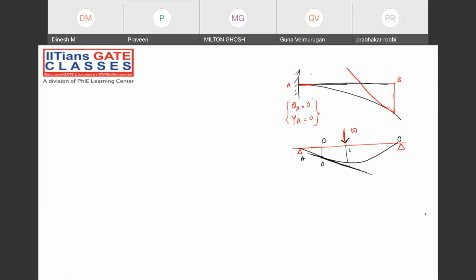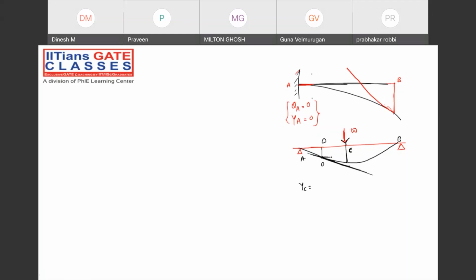If I draw the tangent from point B, and from point D, suppose I need to find, for a simply supported beam, exactly at this point, the slope and the deflection. So how can we find YC? Suppose I'm calculating with respect to D.